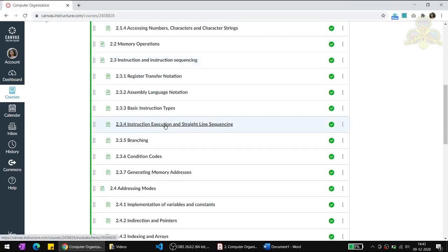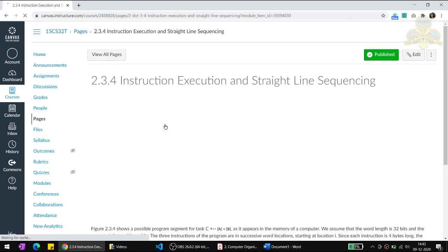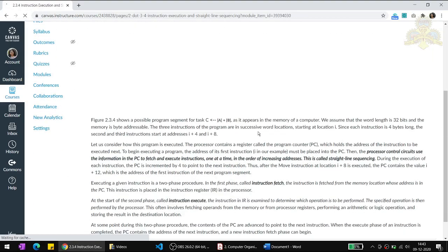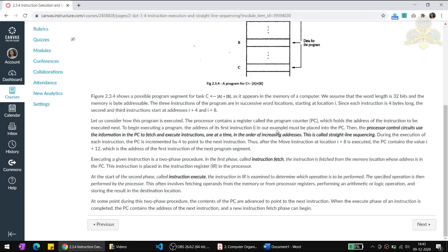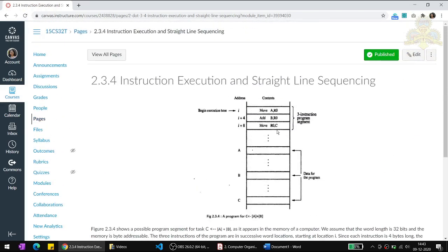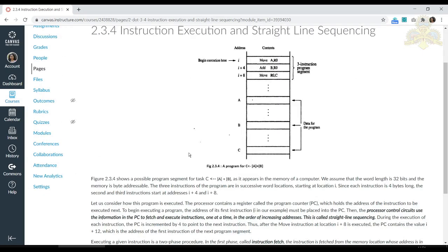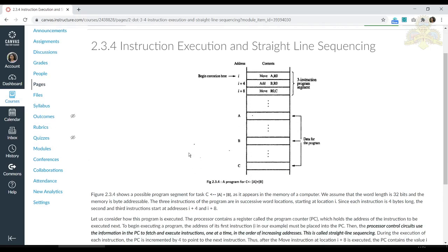Section 2.3.4, instruction execution and straight line sequencing. So this is your answer for that. You have to draw this diagram and explain what it does. Let me explain this for you.